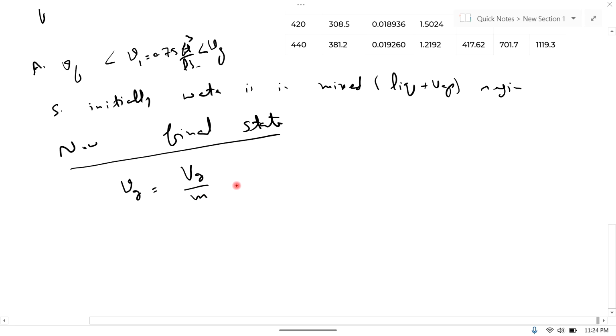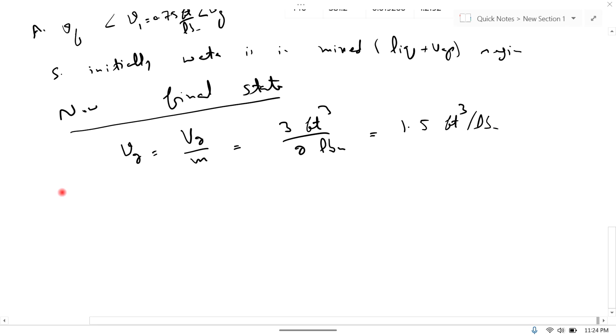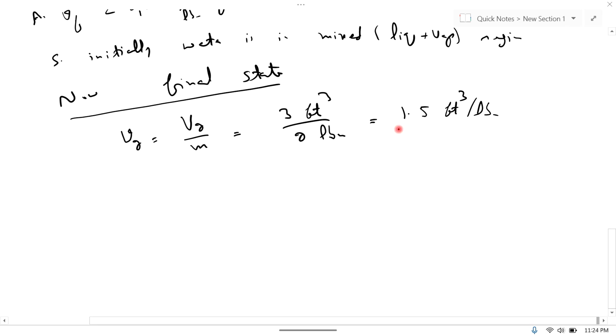Divided by mass, 3 cubic feet divided by 2 pound mass is equal to 1.5 cubic feet per pound mass.